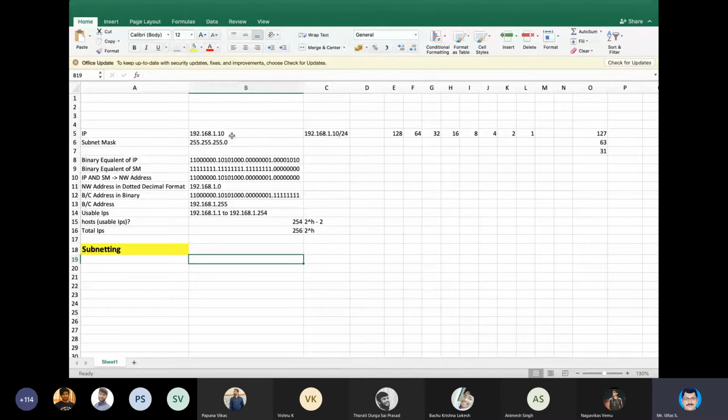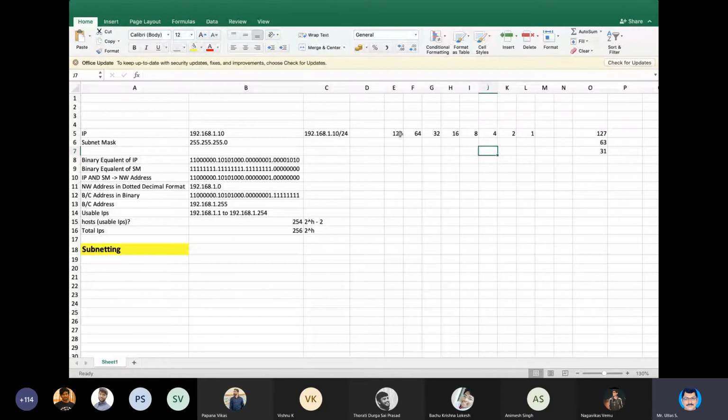So if you use, instead of 24 bits, 28 bits for network, then how will it be? 28 bits means I'm talking about the last octet.